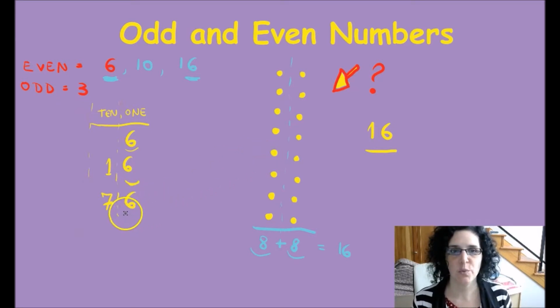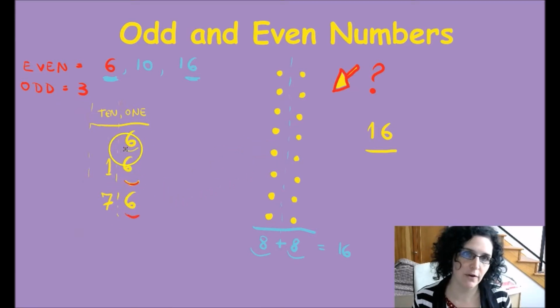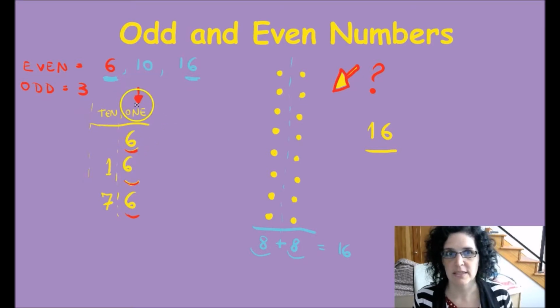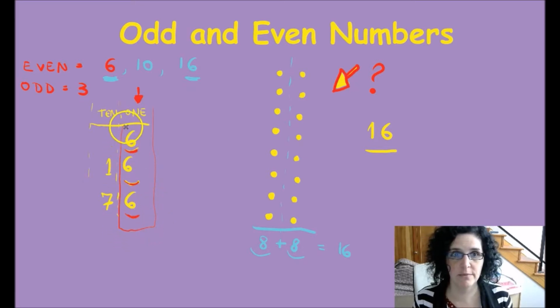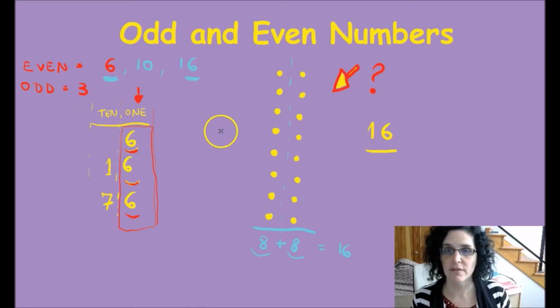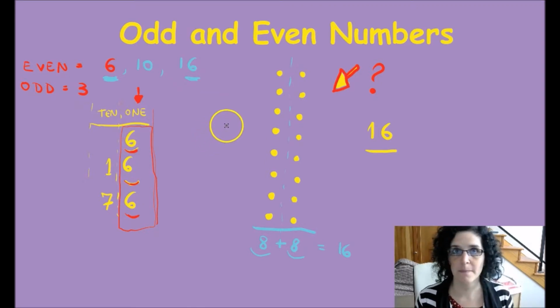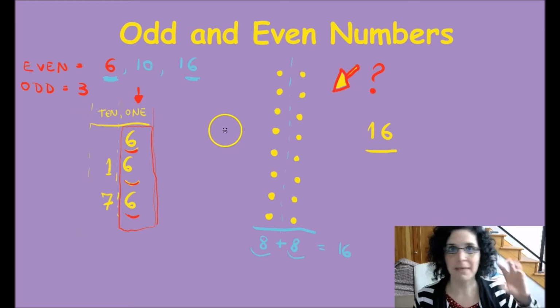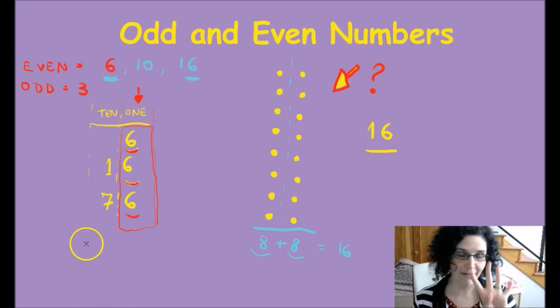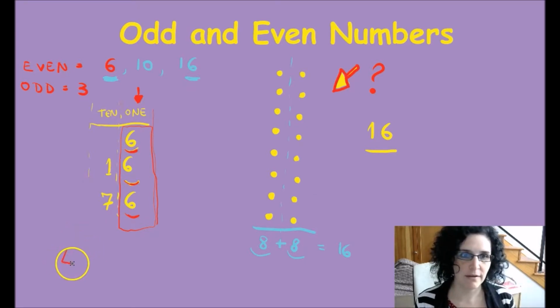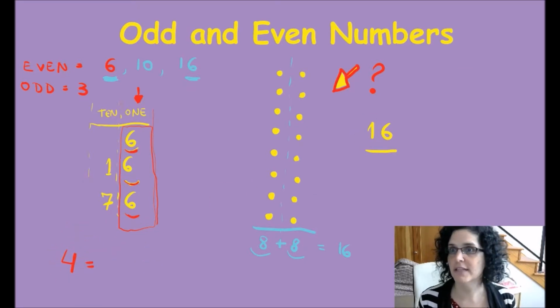No, because we now have figured out a rule: if your even number is on the ones house, then your number will be even, no matter how big it is. Like 1,200,064, it ends in a 4, and is 4 an odd or an even number?